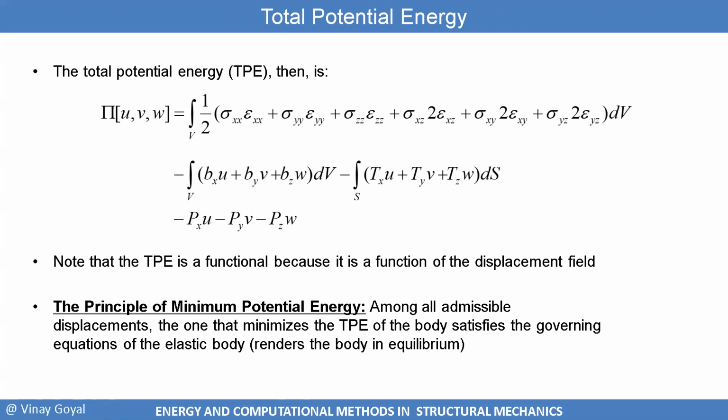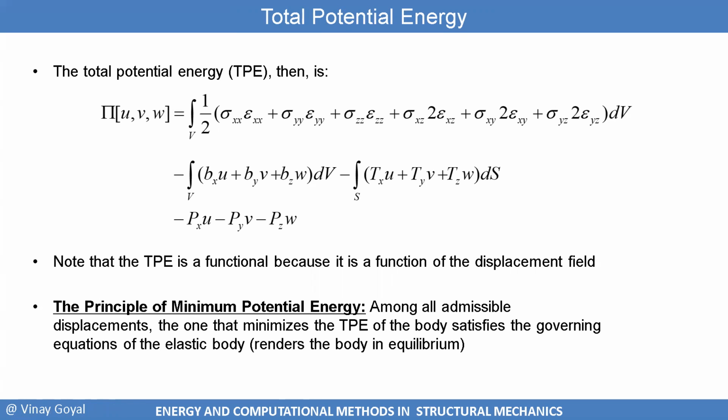And that's beautiful. So the idea then is to apply the principle of minimum potential energy, because if I apply that, I can perhaps find the Euler-Lagrange equation.